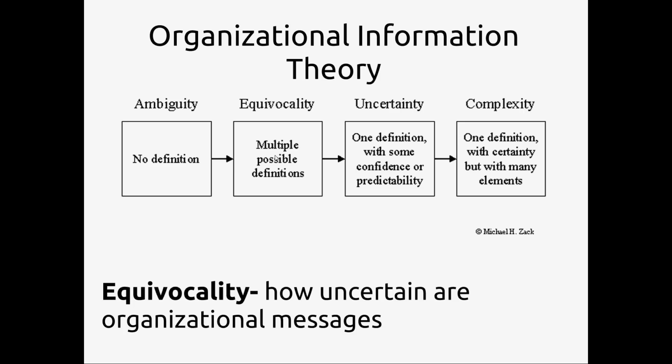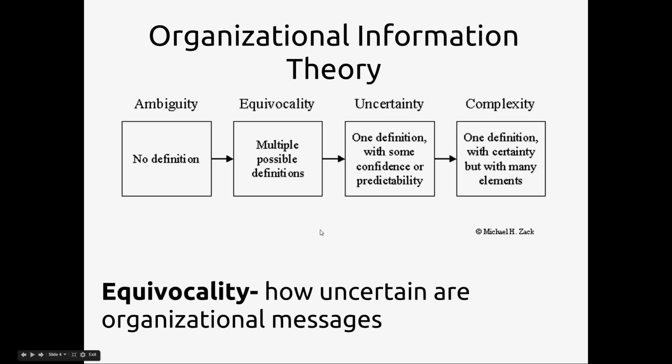So this is why I mentioned again earlier that organizational information theory is like a larger version of uncertainty reduction theory. It's uncertainty on a bigger scale. So as I pointed out, this image shows the difference between ambiguous, equivocal, uncertain, and complex messages. So it's interesting to note the slight differences in the confusion behind each type of message, but you don't need all 4 separate definitions for the exam.